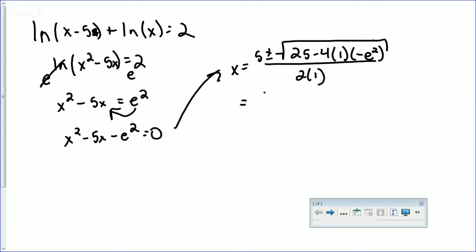So then we're going to get 5 plus minus, that'll be a 2 down there. And you'll have to put that into the calculator. And when you do so, make sure you're putting in lots of parentheses with everything.